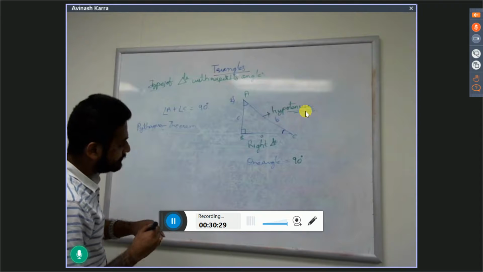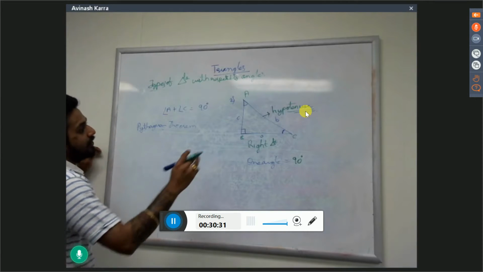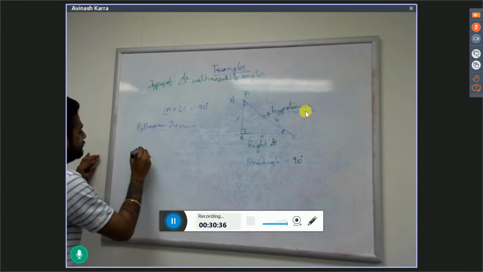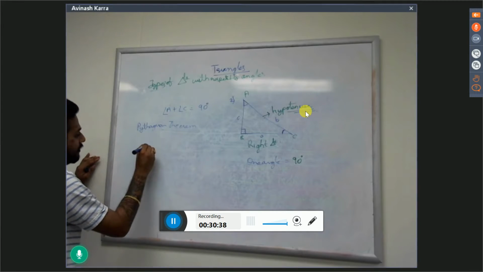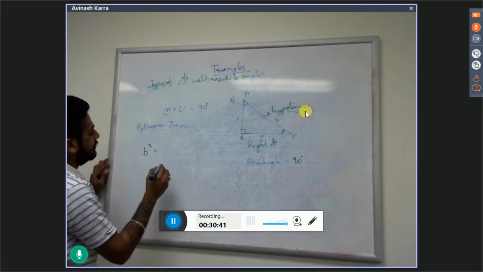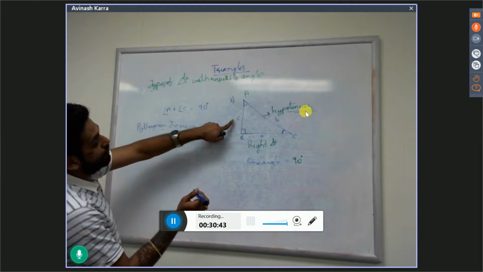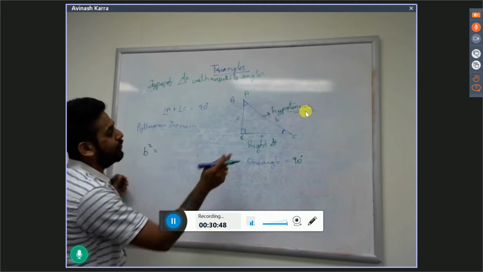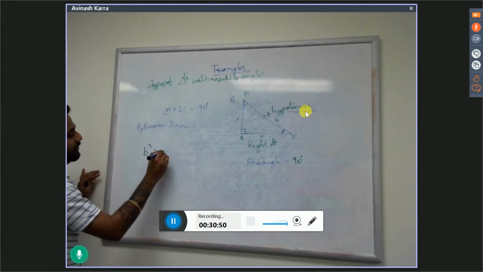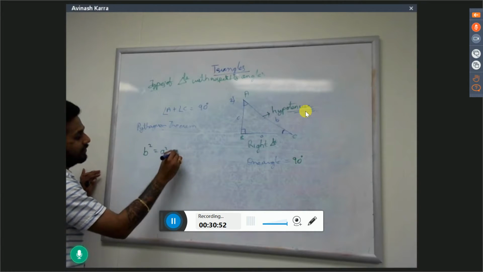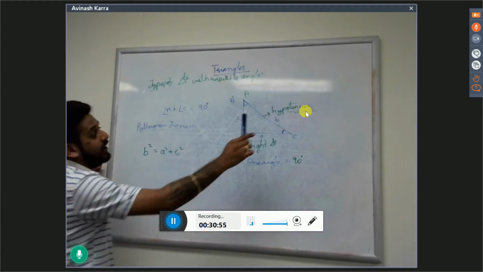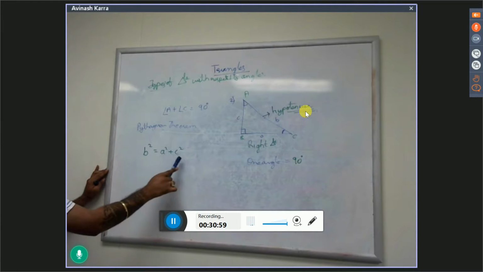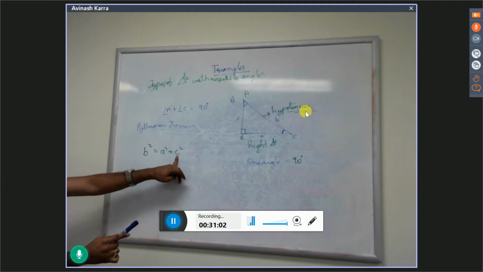According to that, the square of the hypotenuse is equal to the sum of squares of the other two sides, or you can call them other two lengths. Remember, the square of the hypotenuse is equal to the sum of squares of the other two sides.